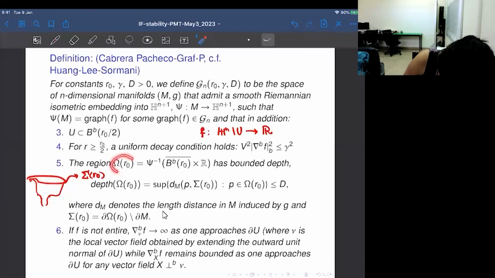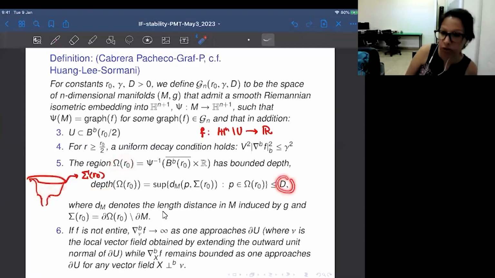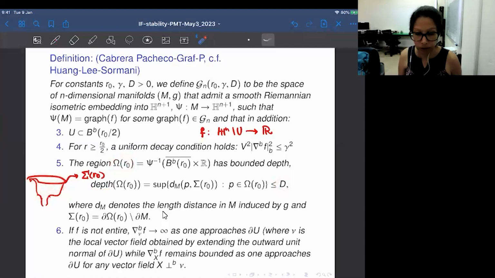And omega R0 is all this interior. With this condition, we are requiring that the distance from omega R0 to all this interior region be bounded by some constant D.